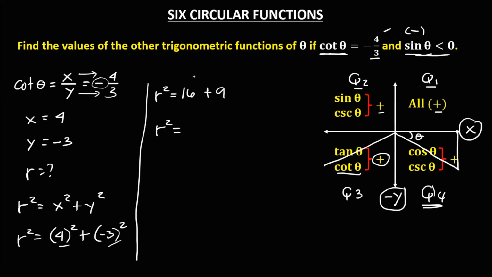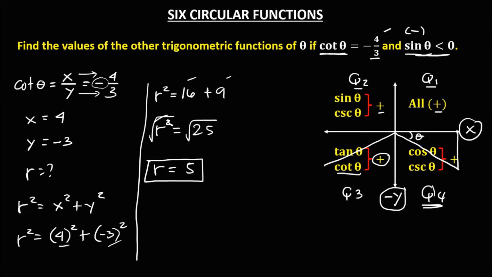Then r squared equals 16 plus 9, that's 25. Then to solve for r, take the square root. So r equals the square root of 25, that's 5. Since r is always positive, r is equal to +5.